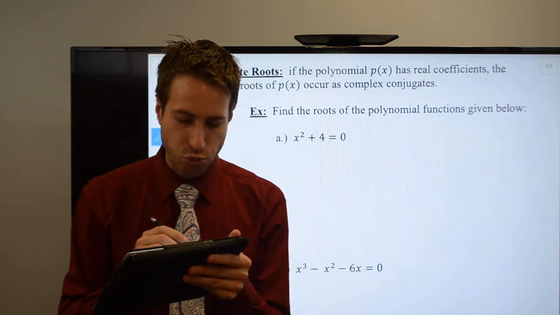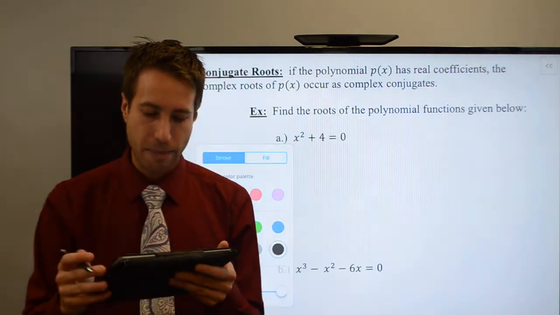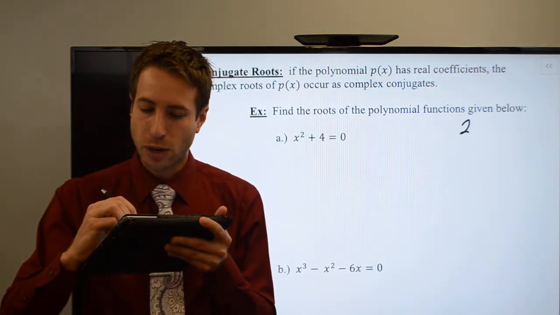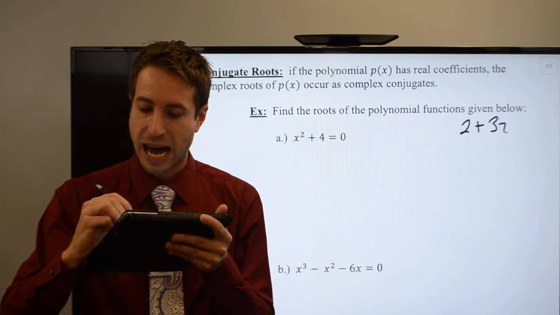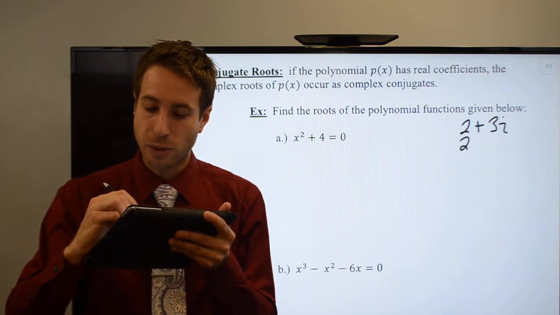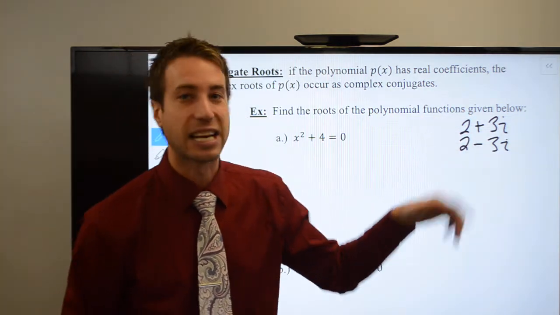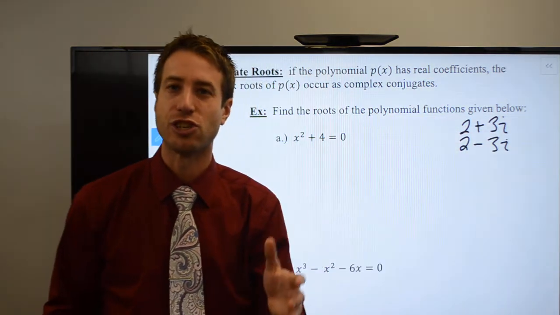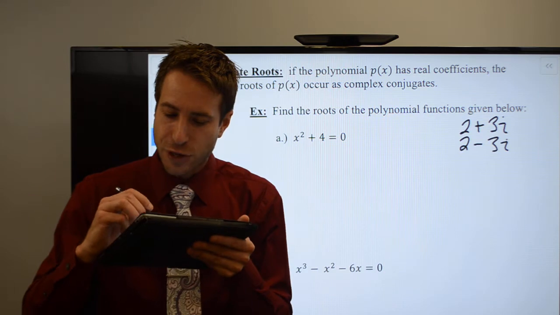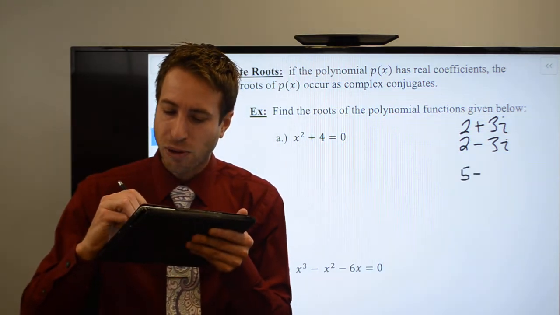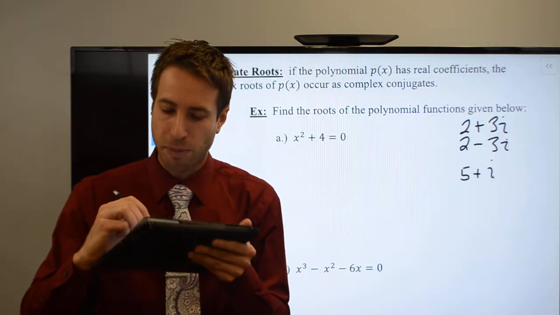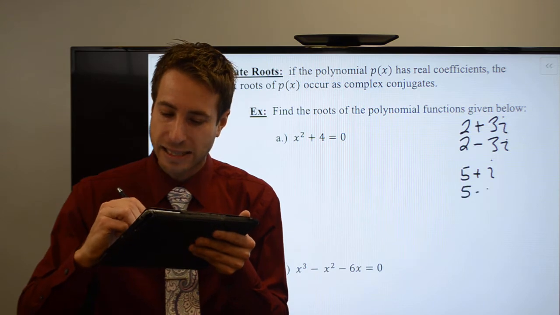Let me give you a couple of real quick examples. You may remember some of these. If you have 2 plus 3i, the complex conjugate is 2 minus 3i, right? Those are complex conjugates because the imaginary part of the number is just opposite in sign. If you were given 5 plus i, the complex conjugate is 5 minus i.